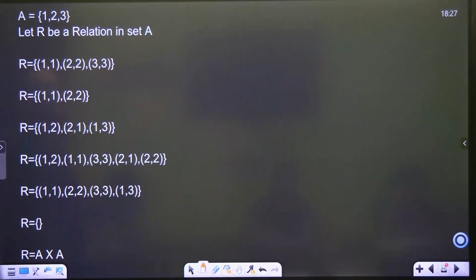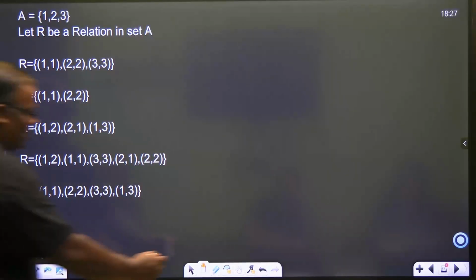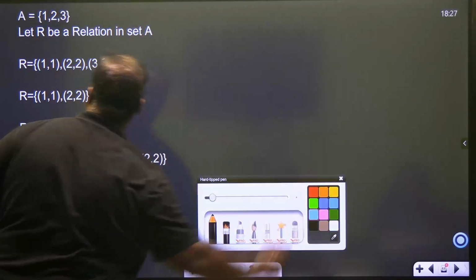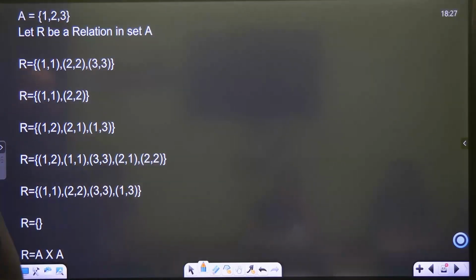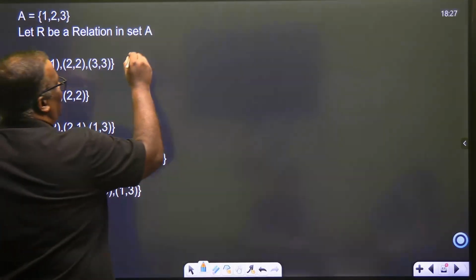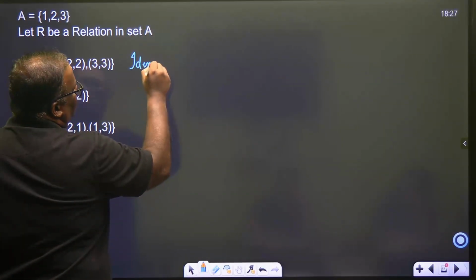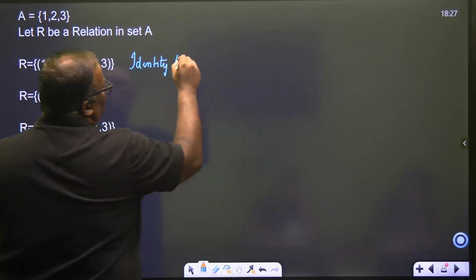Let's do now. I brought this. Let's do one by one. Okay, (1, 1), (2, 2), (3, 3). What will you call this relation? Identity relation. I will also call this relation reflexive.